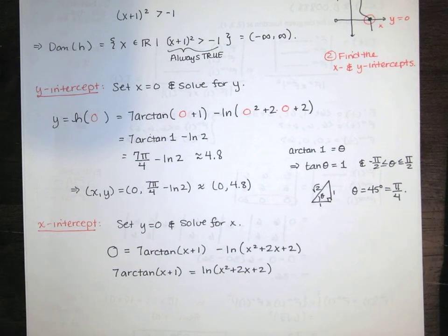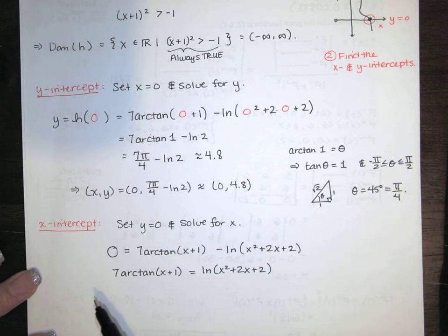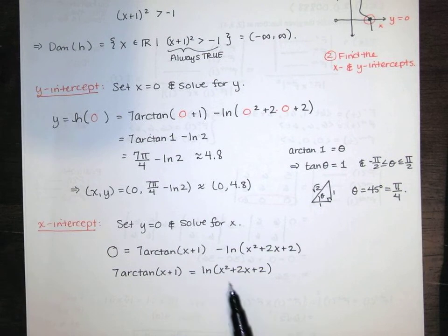My first instinct is to use e to get rid of the logarithm, but then how do we get rid of the arctan? I'd have to use tangent to get rid of the arctangent, and so if I take the tangent of both sides, I could get rid of this, but then I've got the tangent of the logarithm of something. We can't get to the x's, they're inside these functions, so the best way to solve this equation is numerically.